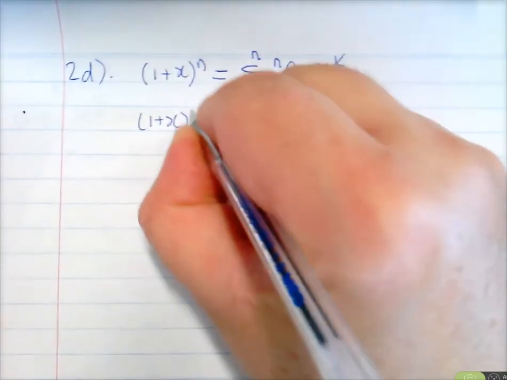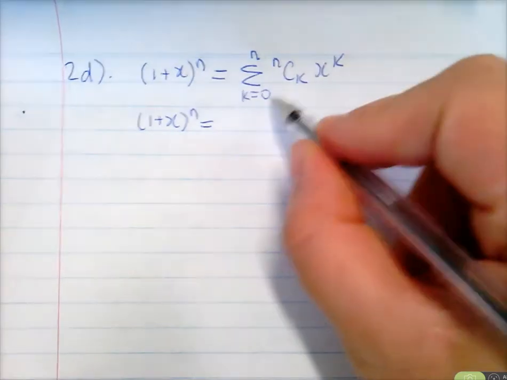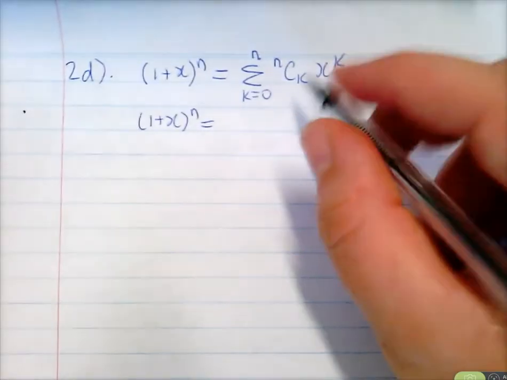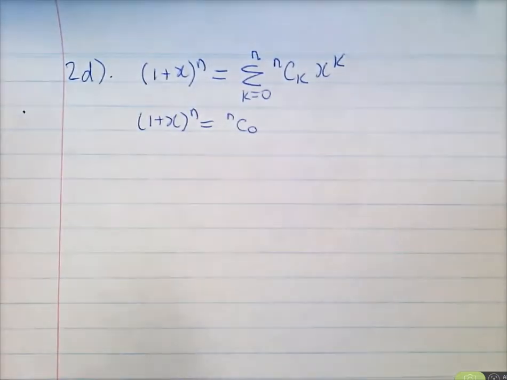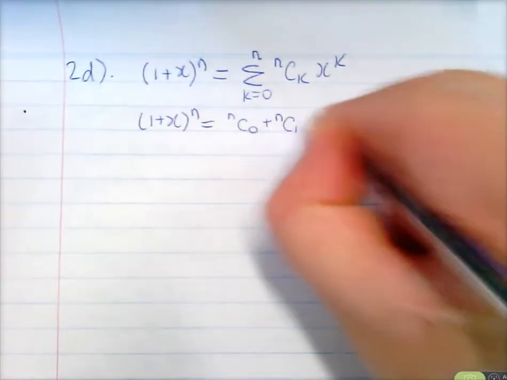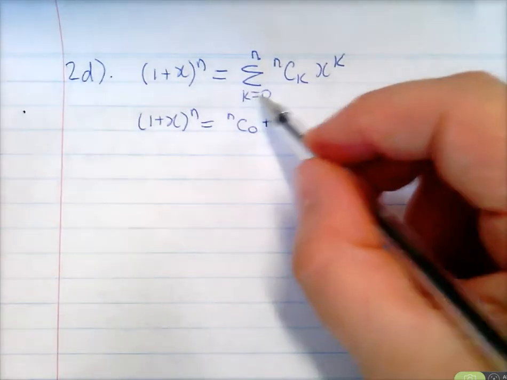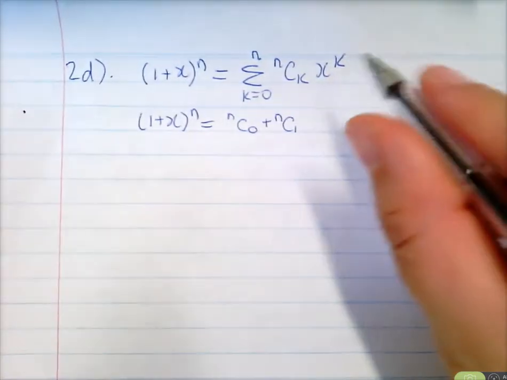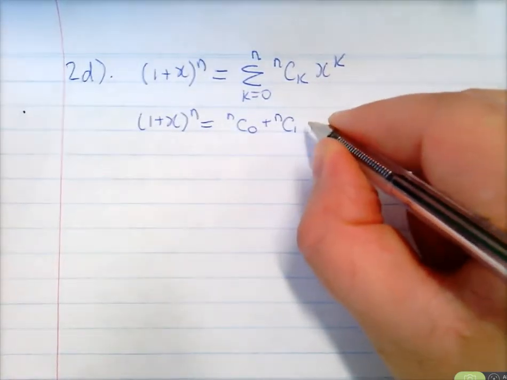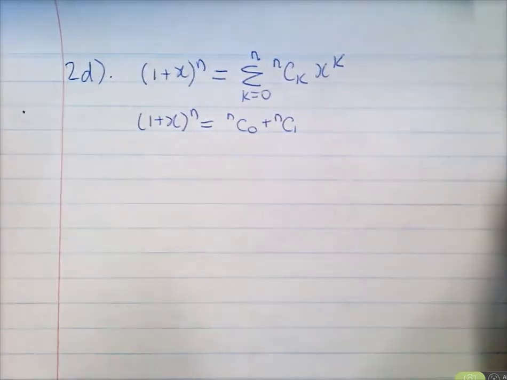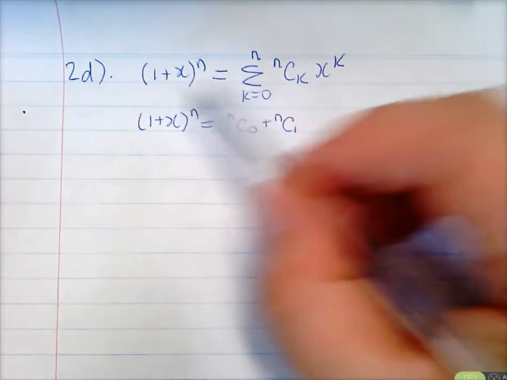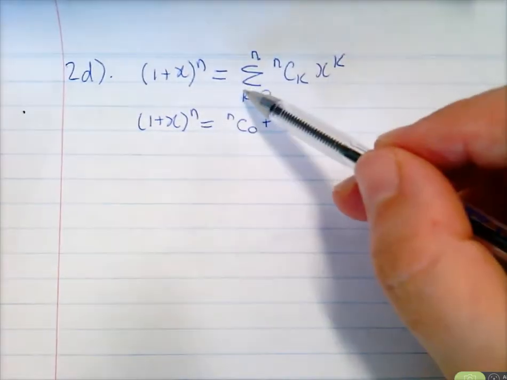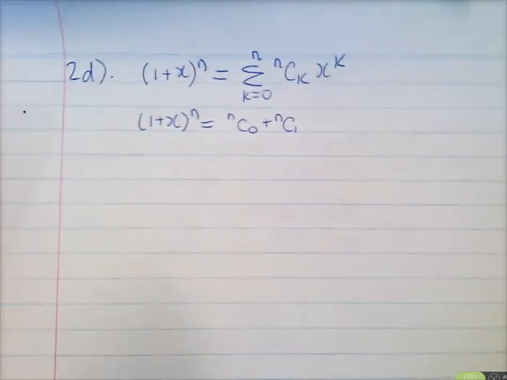So 1 plus x to the power of n, how do I write that out? Don't I start with k is 0? So isn't it nC0 plus x to the 0 is just 1? Plus what's the second term? nC1. They've given us this identity. Sometimes they give it as a summation notation like this, and we have to expand it first.